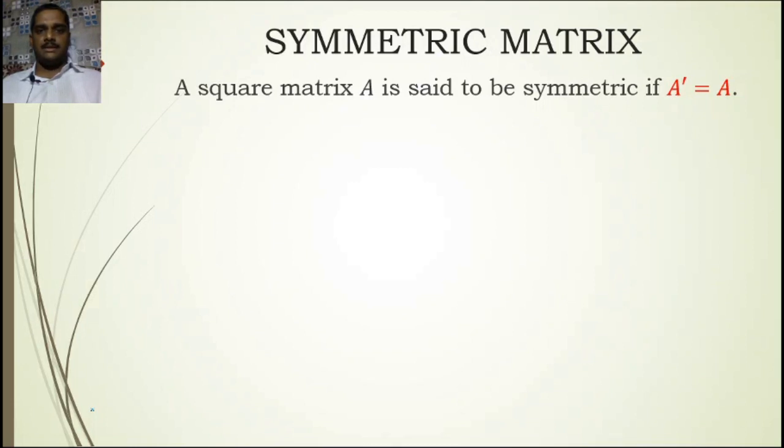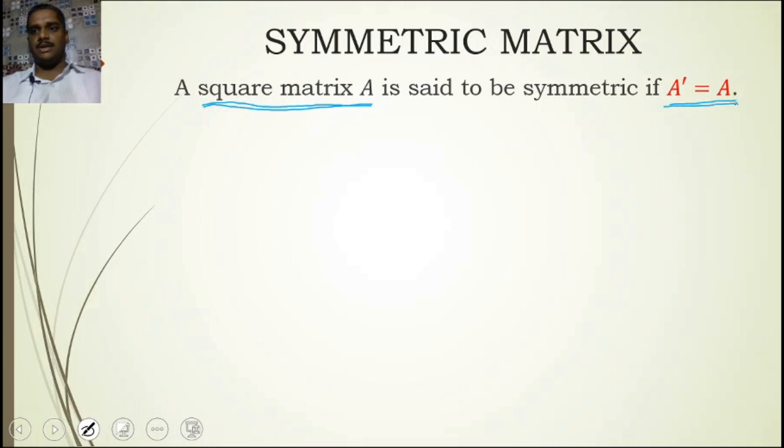A square matrix A is said to be symmetric if A transpose equals A. So here you are going to concentrate on two things. Number one, the matrix we are talking about is a square matrix. We are talking about a special type of square matrix for which this condition holds.